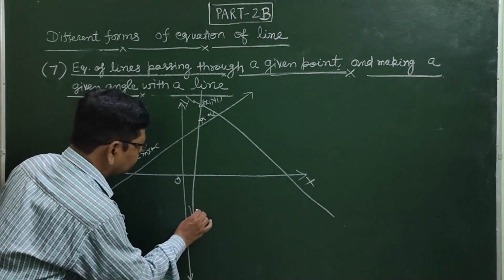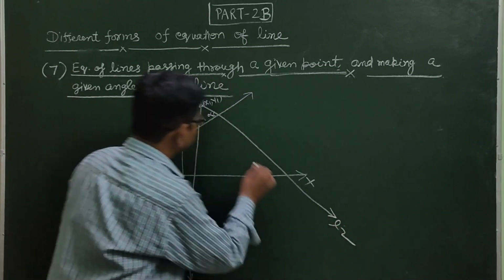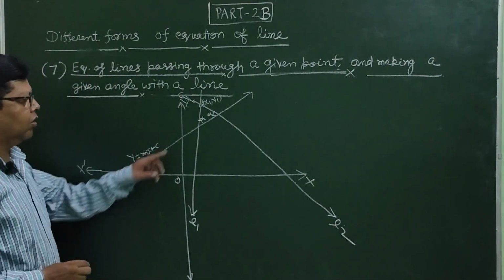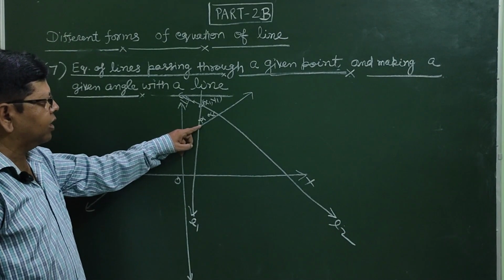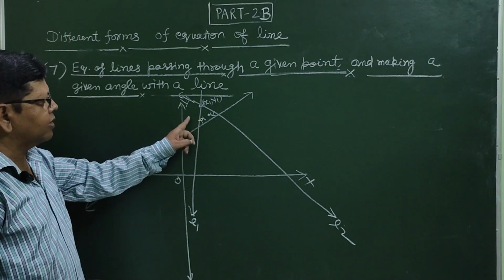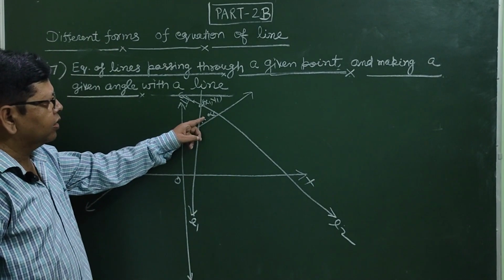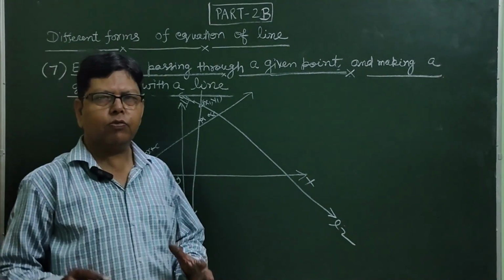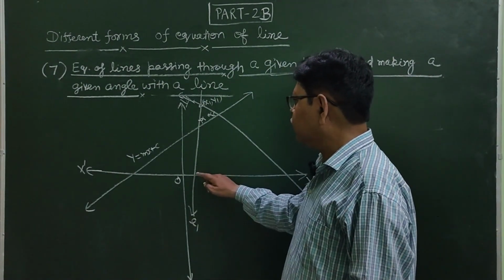Let this line be L1 and this line be L2. The first line is making angle alpha in the anti-clockwise sense, and the second line is making alpha in the clockwise sense. So first, if we want to find the equation of these two lines, we should know their slopes.